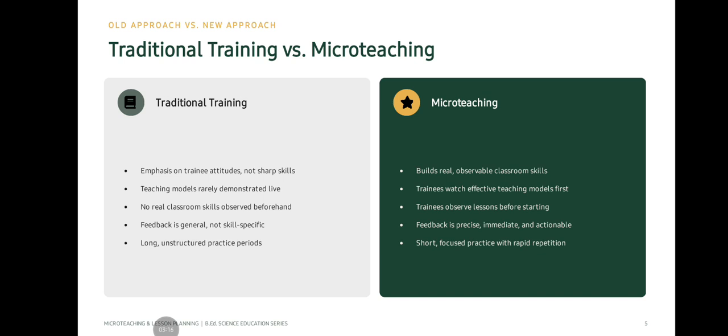Long unstructured practice periods. In micro teaching, it builds real observable classroom skills. Trainees watch effective teaching models first. Trainees observe lessons before starting. Feedback is precise, immediate, and actionable. Short, focused practice with rapid repetition.